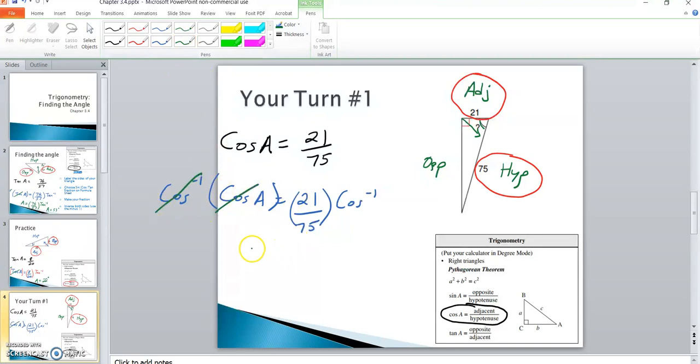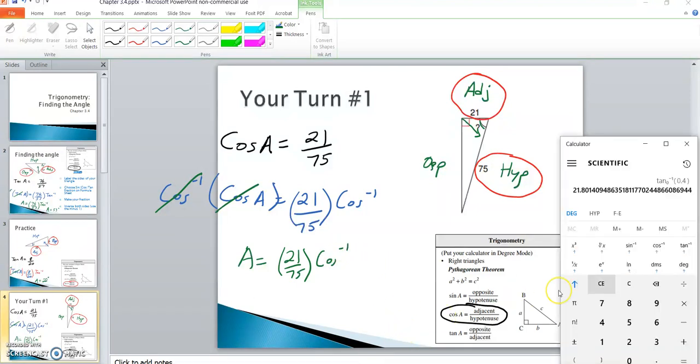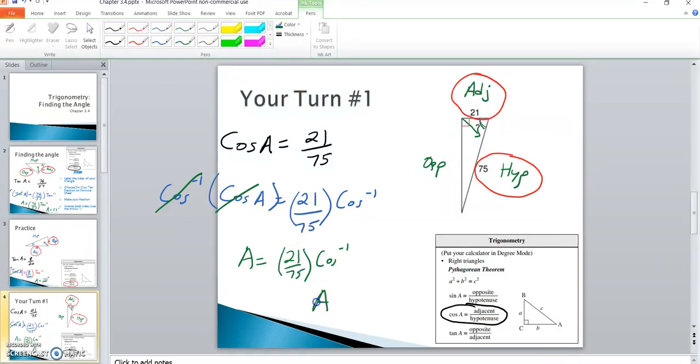Those 2 cross out, and then I only have 21 over 75 cos minus 1 left. So I'll go 21 divided by 75 equals, and then shift cos minus 1. And you'll notice that this is 73.7, which is very close to 74. So my angle equals 74 degrees.